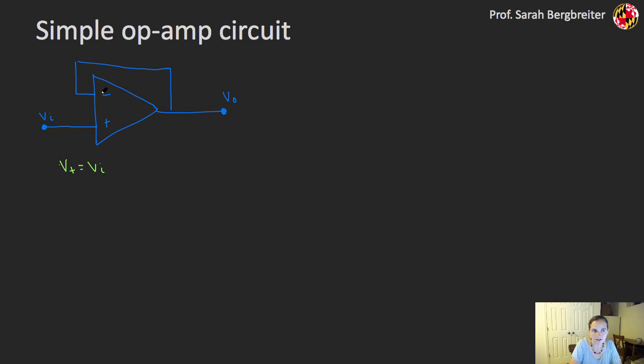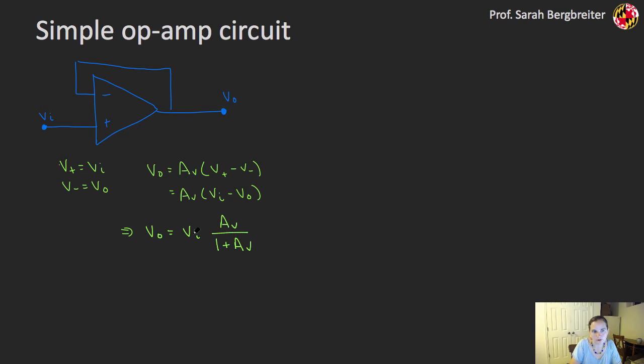But in this case, that inverting input is connected to V out, so V minus is V out. And if I use that simple equation that defines how an op-amp operates, right, I have my gain times V plus minus V minus, I can substitute in V in and V out for those terms, and I can ultimately solve for V out in this case.